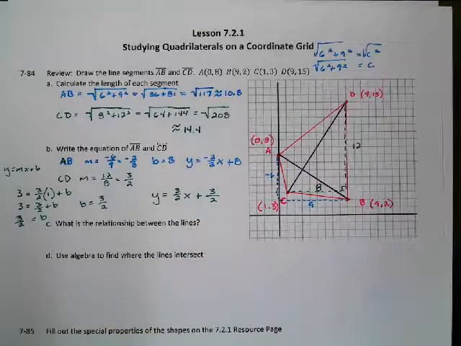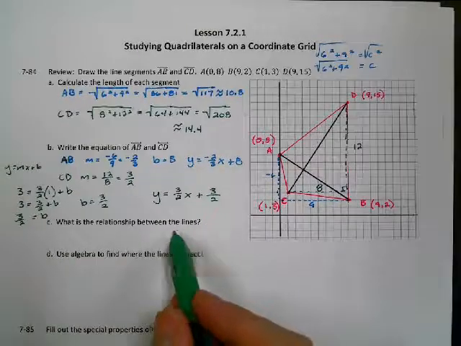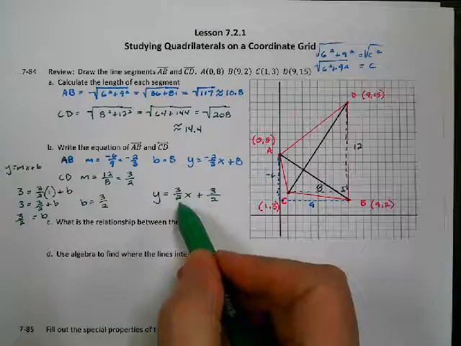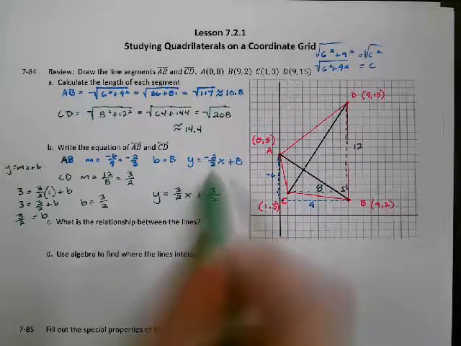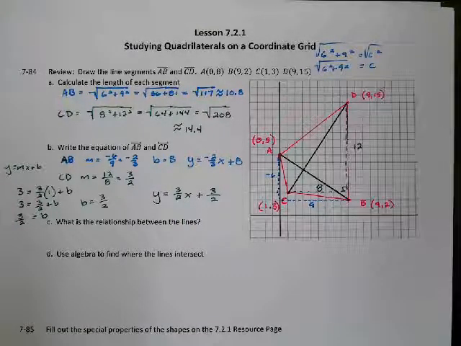All right, so I got my two equations. What's the relationship between the lines? Well, let's look at these slopes. This slope is 3 over 2. This is negative 2 over 3. Those are opposite reciprocal slopes. So opposite reciprocal slopes means that they are perpendicular to each other.